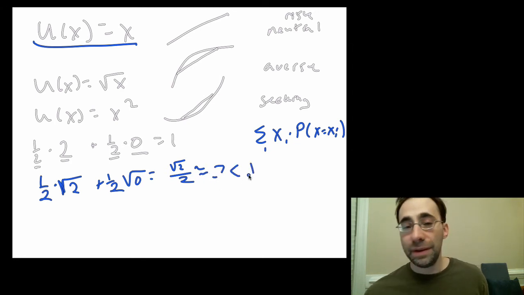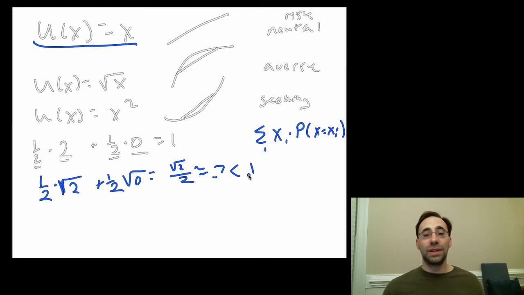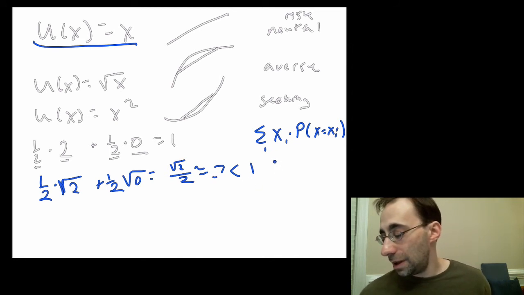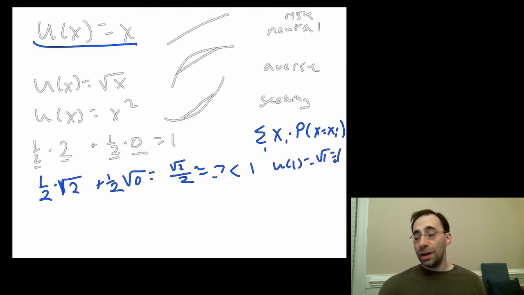That's less than 1. So this person gets less utility for the lottery than they get for taking 1, because utility for 1 is u of 1 equals the square root of 1 equals 1. If this person gets a sure thing of 1, they say, great, I get 1. The lottery only gets them 0.7.